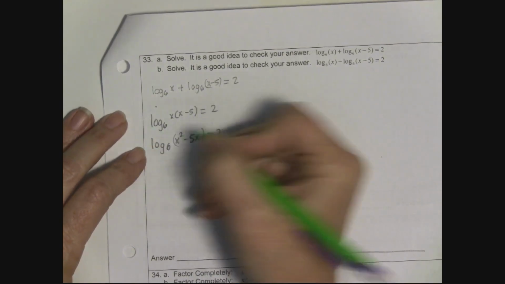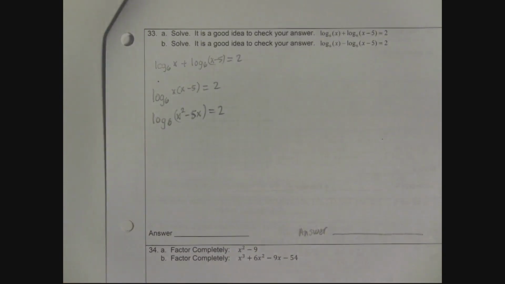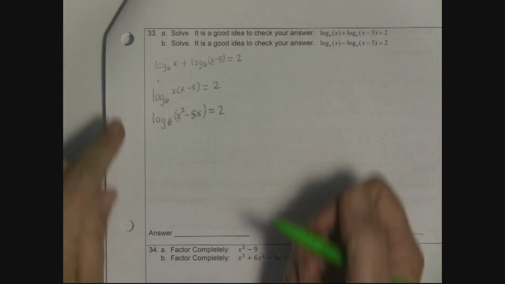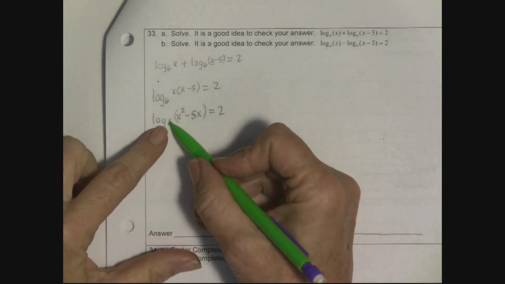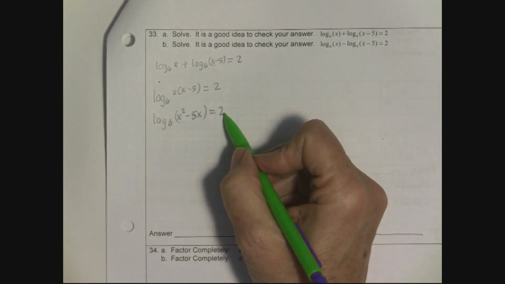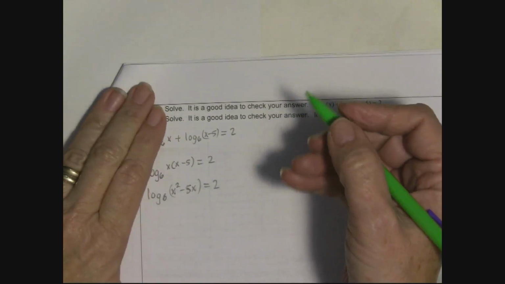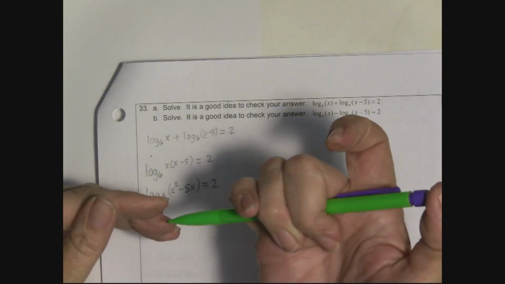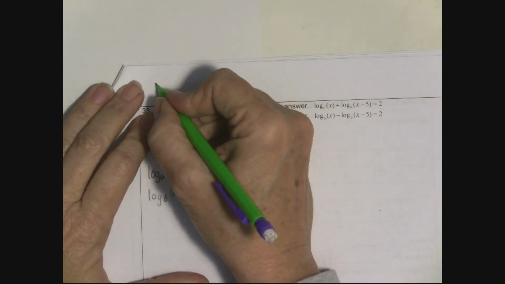Now I'm using my log property that we've written and used several times today, and I'm writing it in exponential form. And so I have my base, my input, and my exponent. And I'm going to write it up here because I can't stand not to write it.